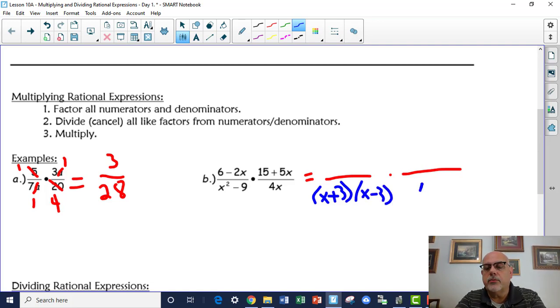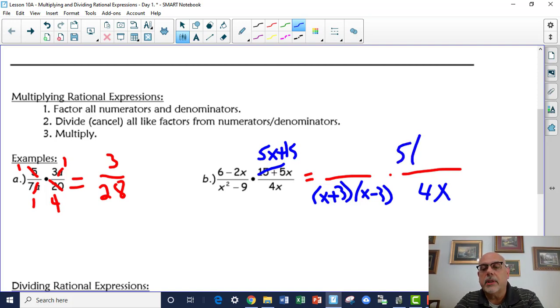The 4x stays as 4x. 15 plus 5x could be 5x plus 15, which will help because we're going to factor a 5 out of that. 5x plus 15, so we factor out a 5. You wind up with x plus 3.